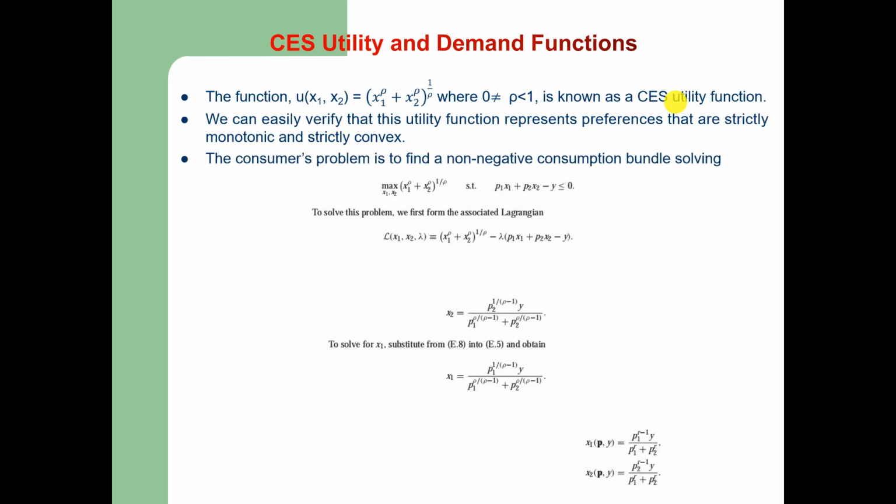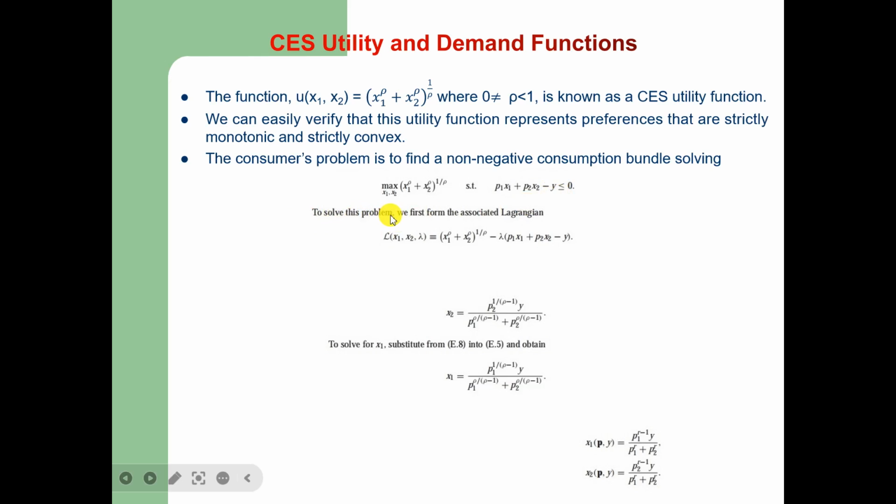The consumer problem is to find a non-negative consumption bundle solving this problem, and the problem is to maximize x1 raised to the power rho plus x2 raised to the power rho whole raised to the power 1 divided by rho, where the consumer is consuming x1 and x2 units of x1 and x2 subject to the budget constraint p1 x1 plus p2 x2 minus y is less than or equal to 0.